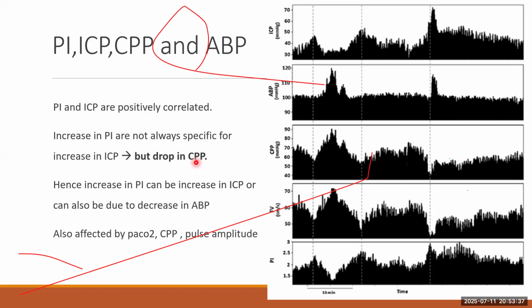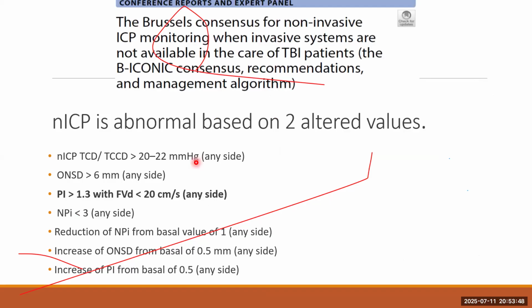So hence, just increasing PI doesn't imply raised ICP. Increasing PI with low diastolic velocity is what implies raised ICP. Low diastolic flow velocity is what indicates raised ICP.